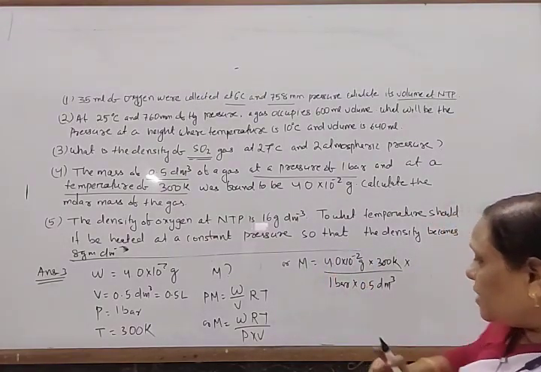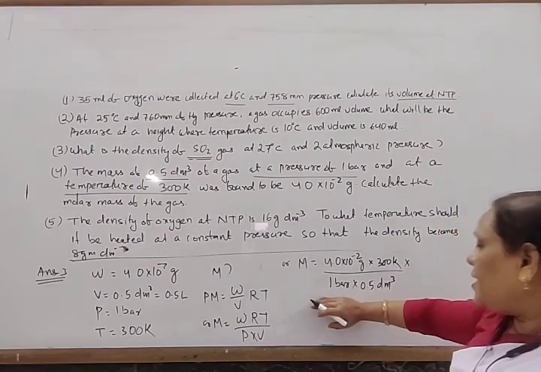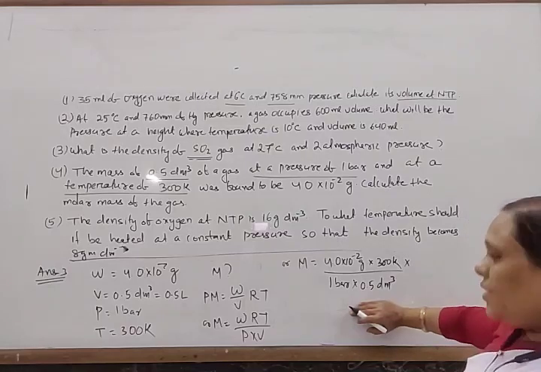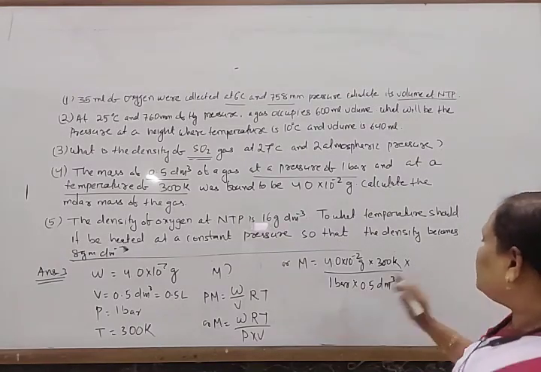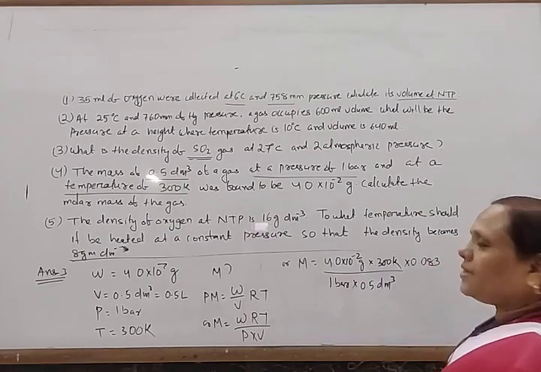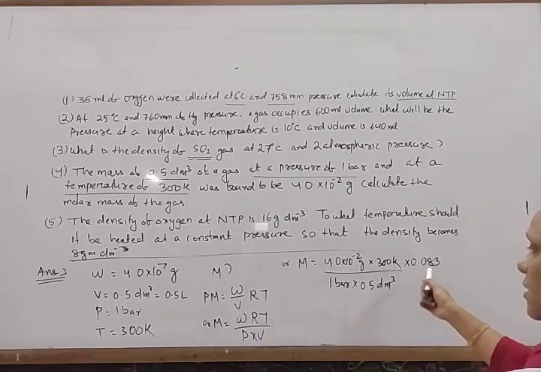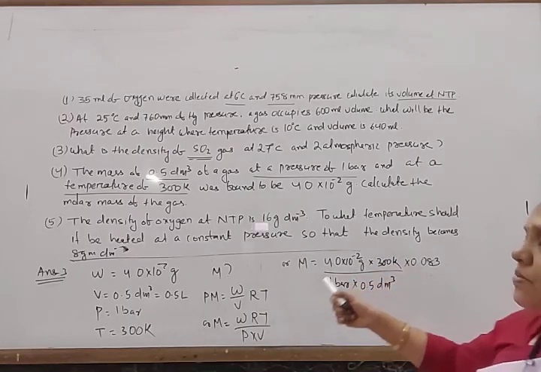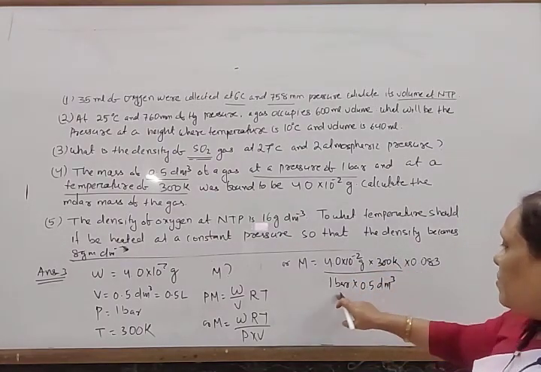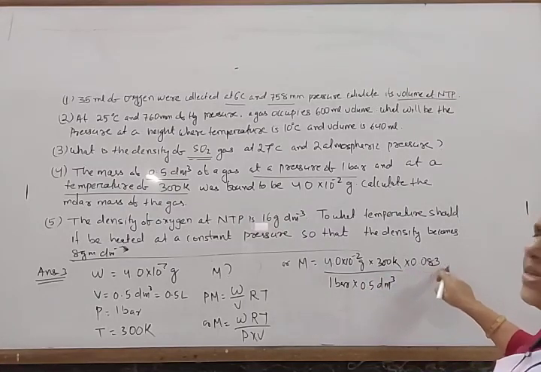If the pressure is given in bar and volume is given in dm³ or liter, then R has the value 0.083. If it is given in atmosphere, then 0.0821. If it is given in bar, then 0.08314.